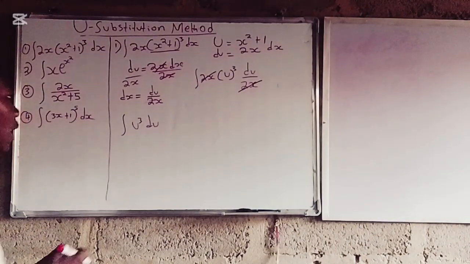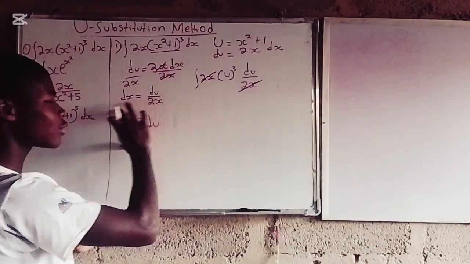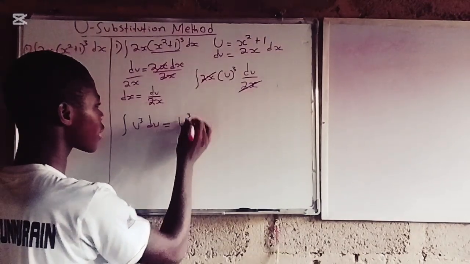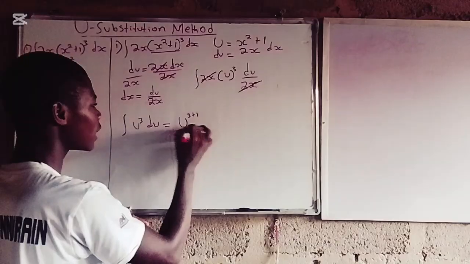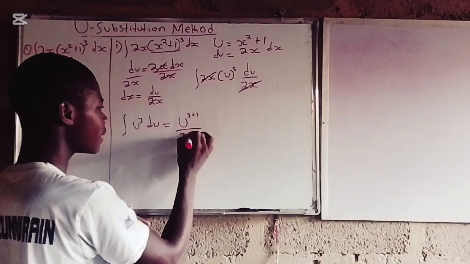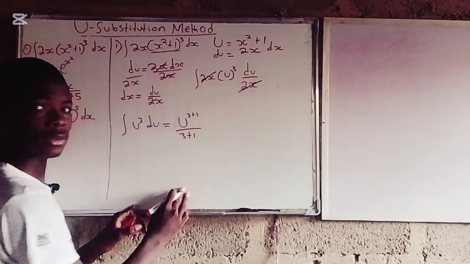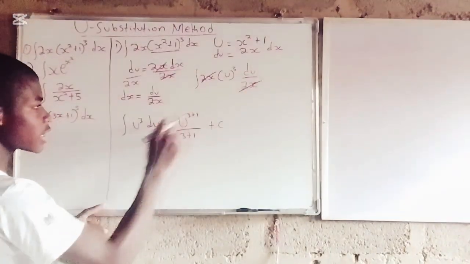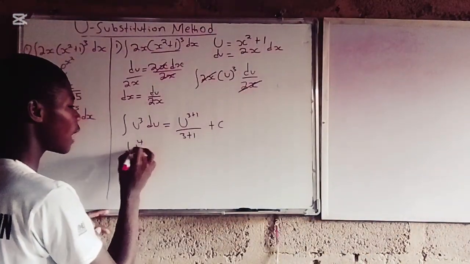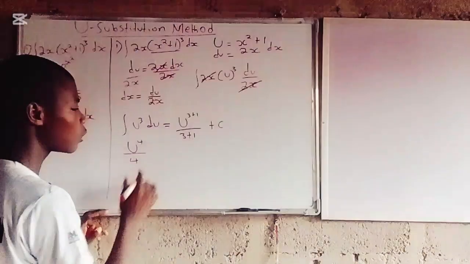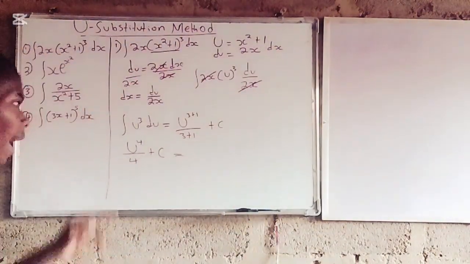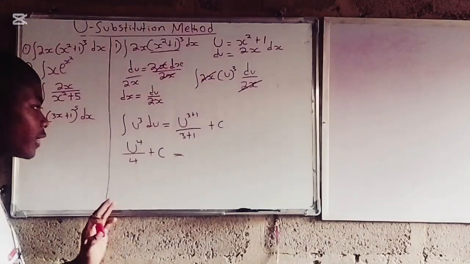So after then, as you can see, I am able to integrate this. If I integrate this, I'll have u to the third power, add 1, divided by 3 plus 1, plus the constant of integration. So this is the same thing as u to the fourth power divided by 4 plus c. After then, I have to substitute back the value of u.